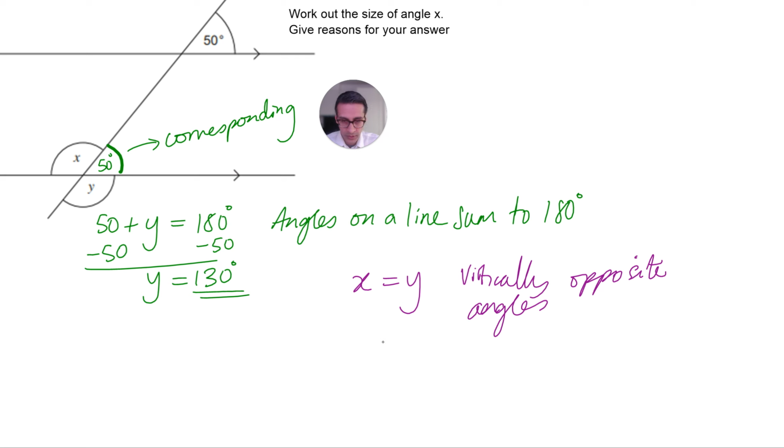And because they're equal, then we can just say x is equal to 130. Handwriting is terrible on this, but you can get the idea. So there's a lot of marks to be had here. First mark maybe for stating that, second mark for making the equation and then solving it and putting the statement, and then this statement that they're vertically opposite, and then the actual angle as well.